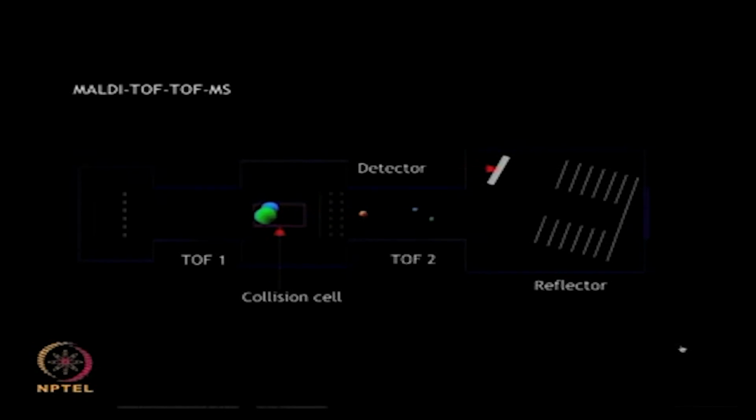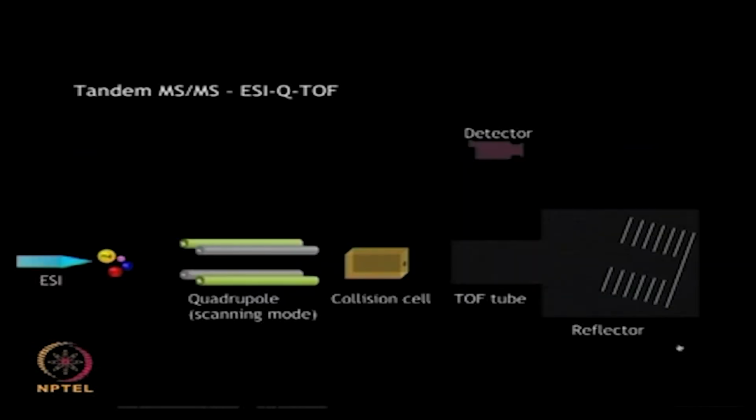The selected ions enter the collision cell, where they are further fragmented, and these fragmented ions are accelerated and further resolved on the basis of their m/z values in the second TOF tube, after which they can be detected.